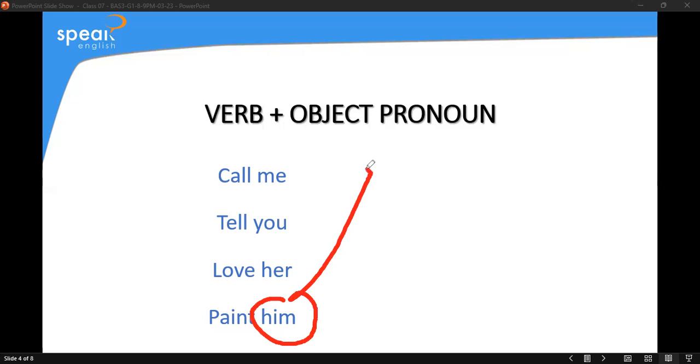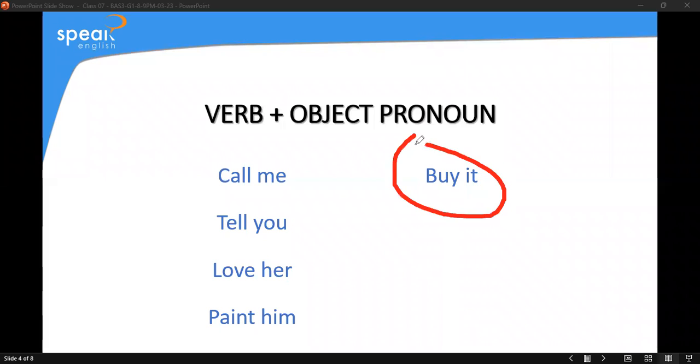Excellent, very good. Let's continue. Can you help me with this one, Jacqueline? Hello, teacher. Hello. Okay, can you read the example, please? Buy it. What is the verb? Buy. And the object pronoun? It. Excellent.